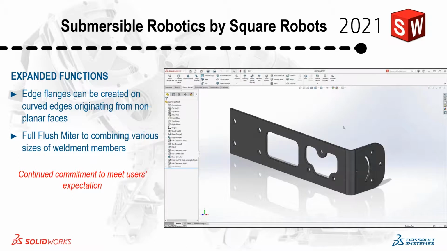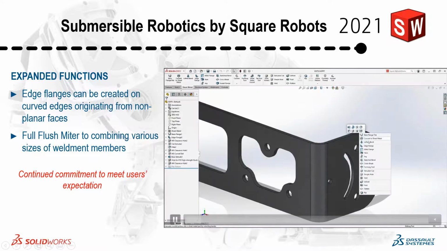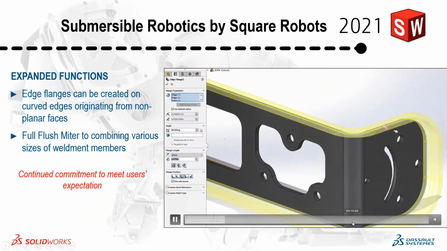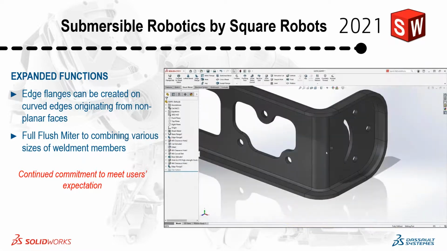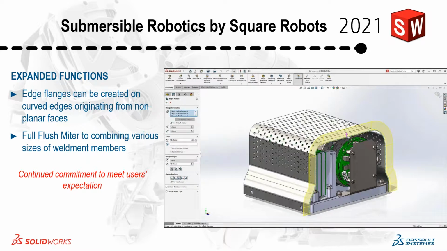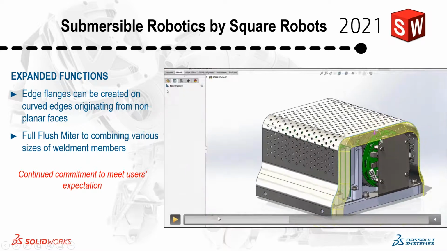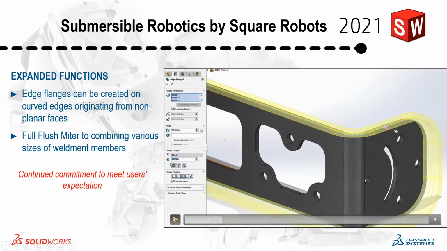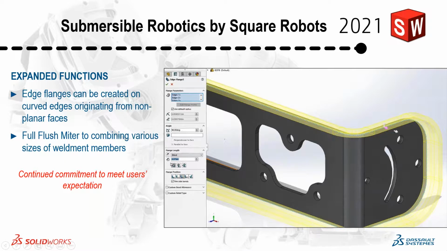Okay, so now when working with sheet metal parts, we have long been able to create an edge flange on curved edges like this. Hold on, let me just highlight something.